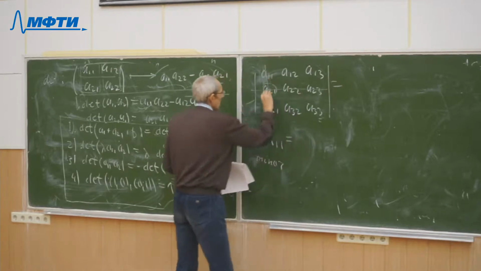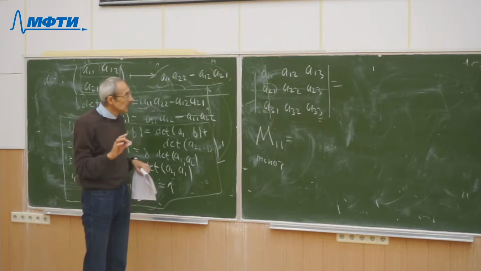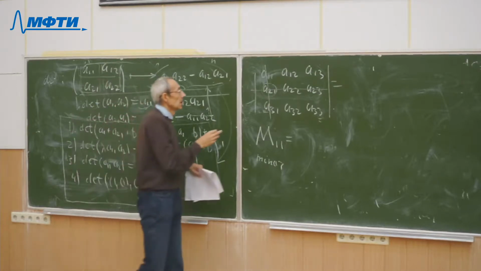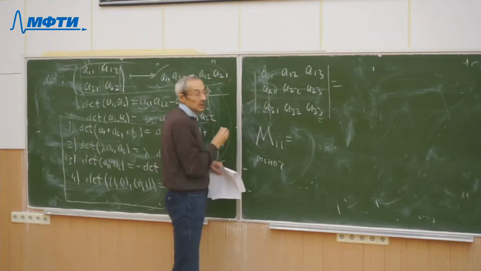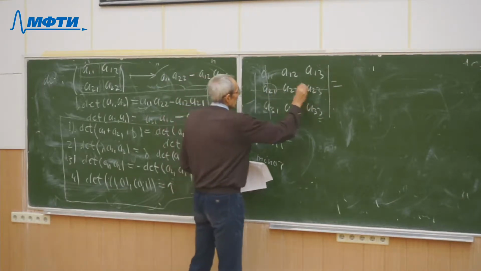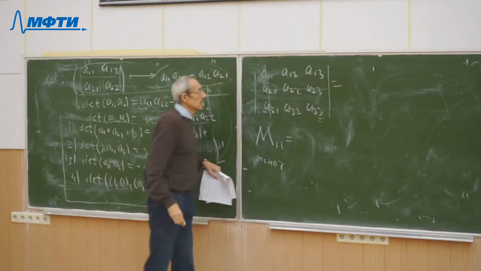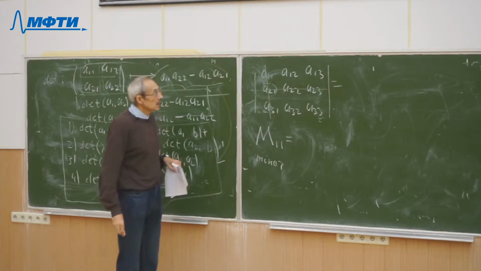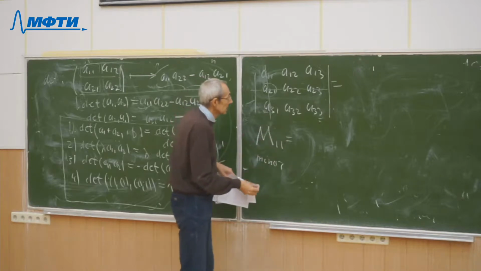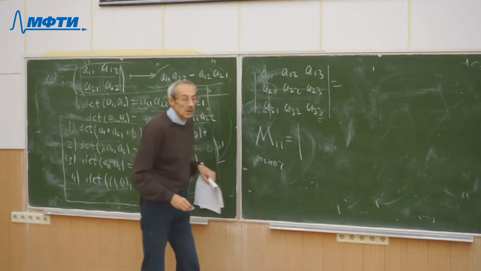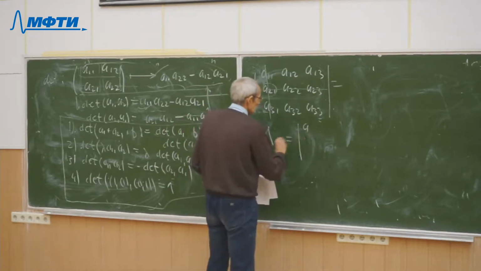And let's delete the row and column whose intersection defines this element. We obtain a matrix of smaller size, namely size 2 by 2, and the determinant of this matrix is called the minor of this element.